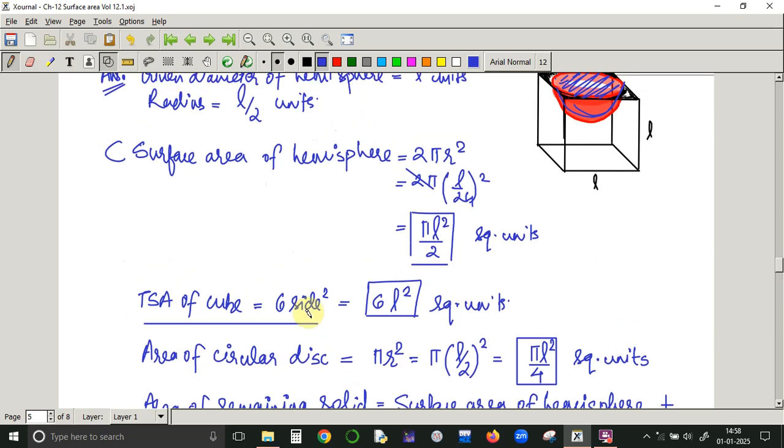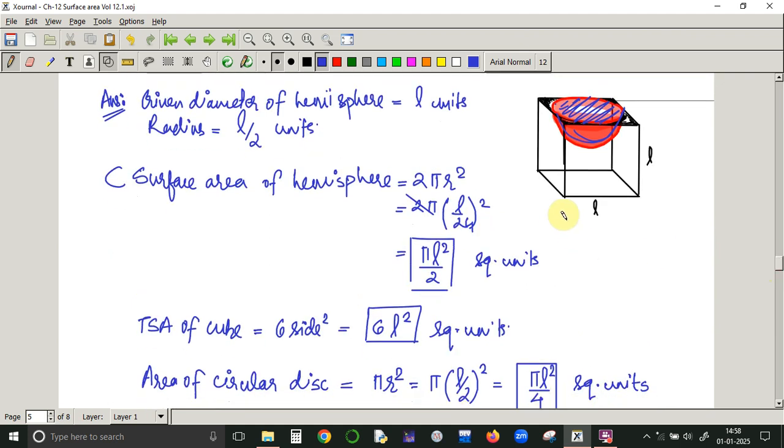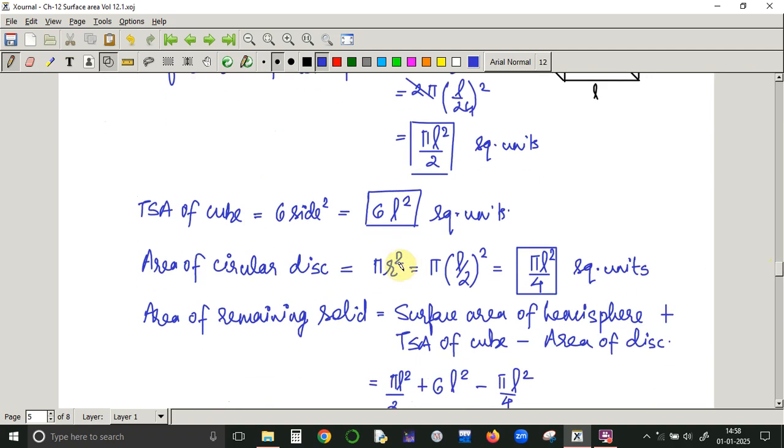Now the total surface area of the cube is 6 side square, so 6L square. Now what is absent over here? The flat circular disc is missing, but a curved depression is present. This lid is gone. This is pi r square, that's why I am subtracting it. So the area of the circular disc is pi r square.